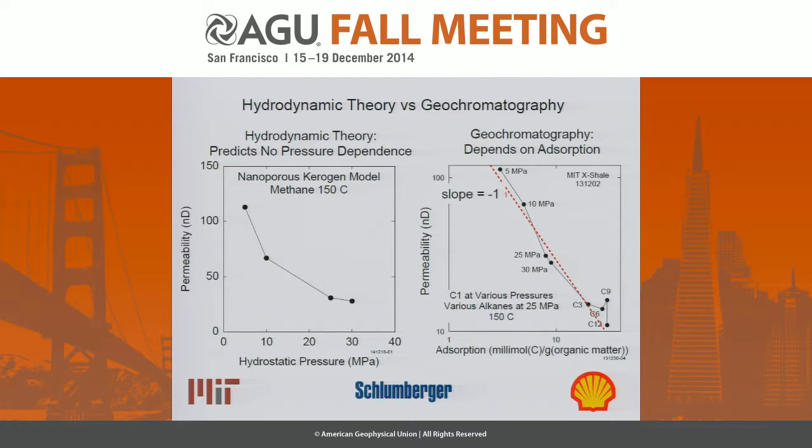So basically, all the fluid effects have been taken out. They're encoded in the viscosity. So now when we look at the apparent permeability of this nanoporous kerogen model for methane at 150 degrees C, again, typical reservoir condition, we see that the apparent permeability is not independent of hydrostatic pressure like it should be.